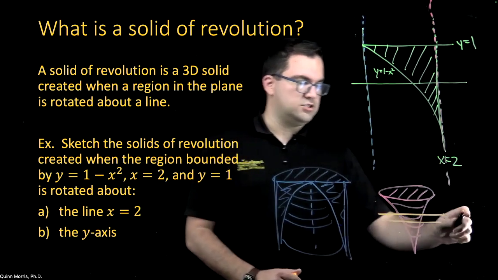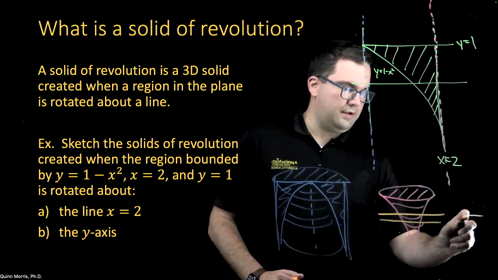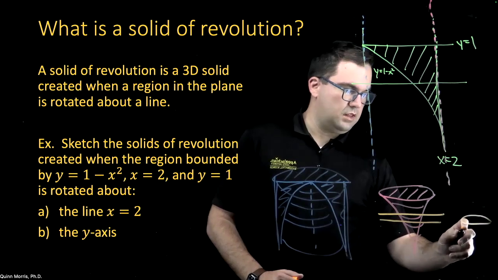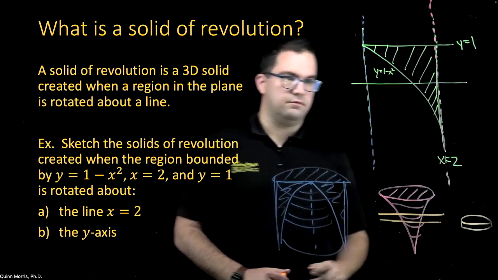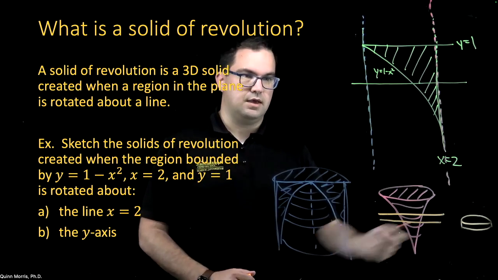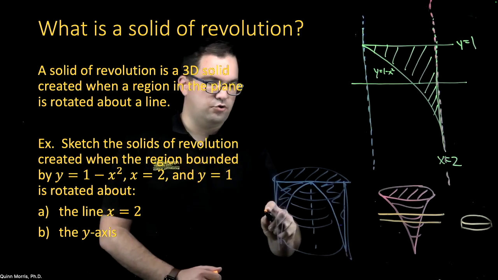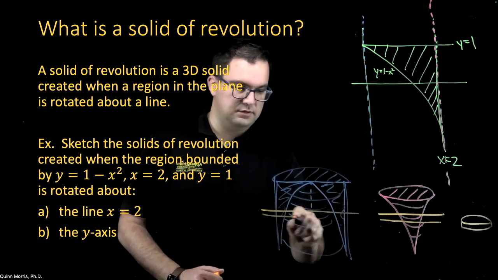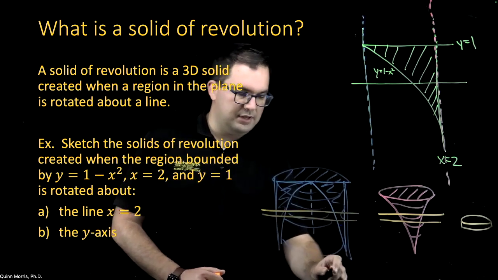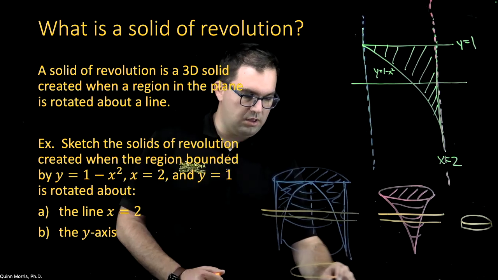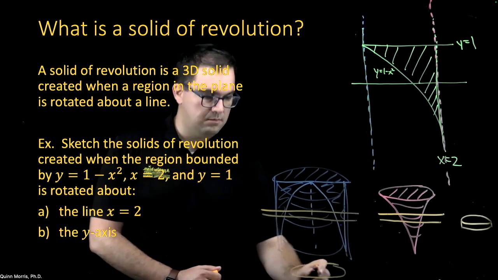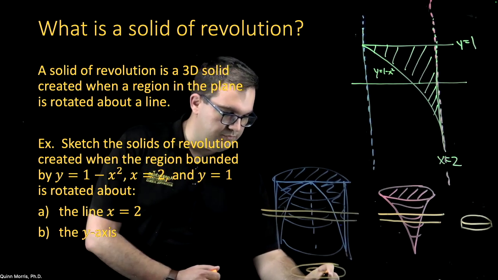If I were to take a cross section of this one, I would get something that looks like a disc, but with another little disc removed inside.